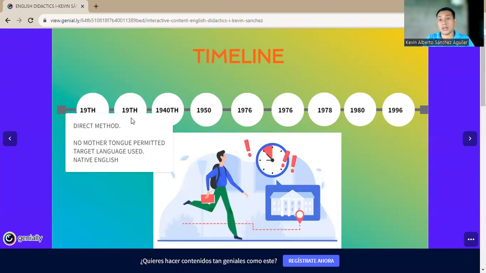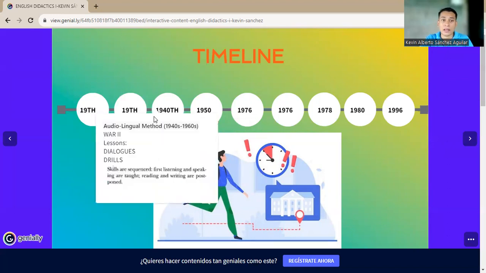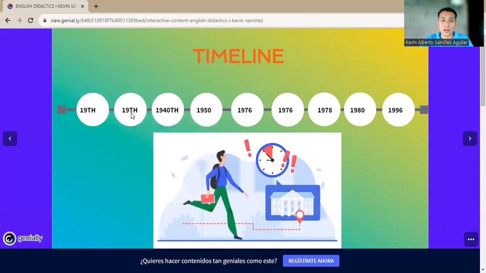As I told you, students must speak the target language that they are learning. Then we have the teacher. The teacher had to be a native English speaker in order to teach this class.